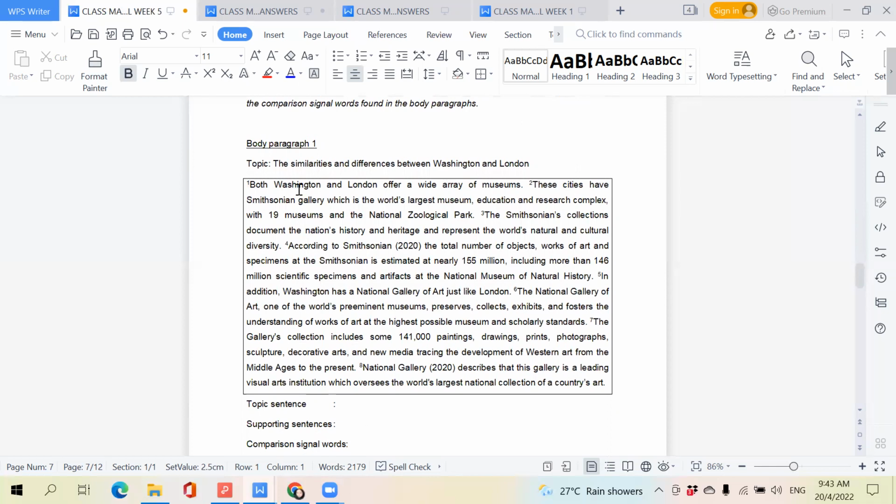Okay, so the topic is similarities and differences between Washington and London. So as you can see here, all right, this is a complete body paragraph for a comparison contrast essay. So all of the components are there. You just have to identify where are they. All right. Okay, so let me stop sharing file.